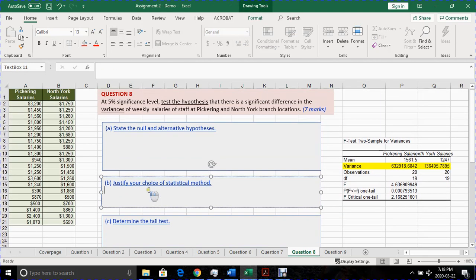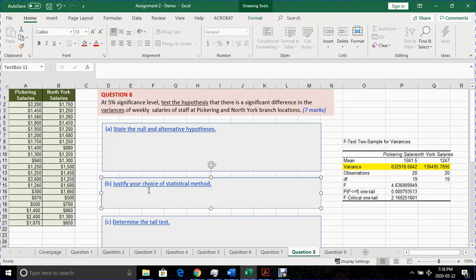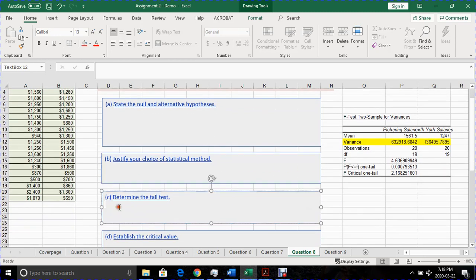This is going to be the F-test, because the F-test is what is utilized when testing for differences in variances. So the F-test is utilized to test the significance of variances between two sample groups. Determining the tail test, the F-test utilizes the right one tail, so it only looks at the positive or upper tail.